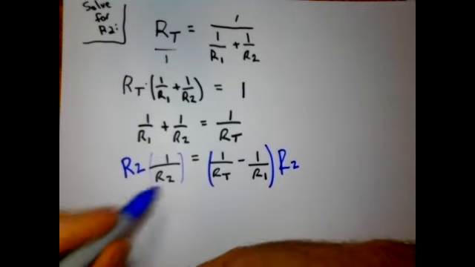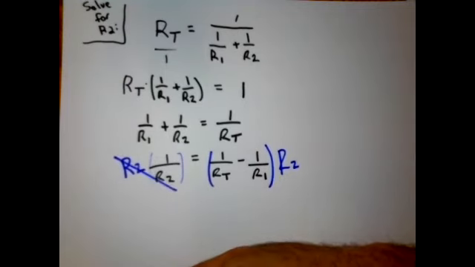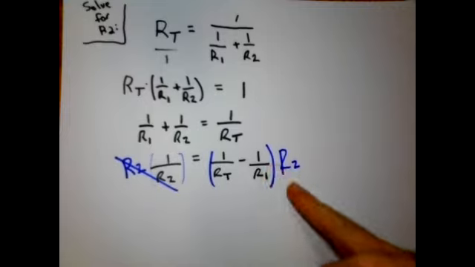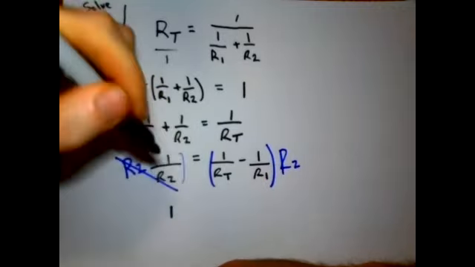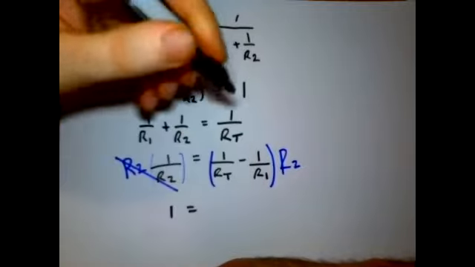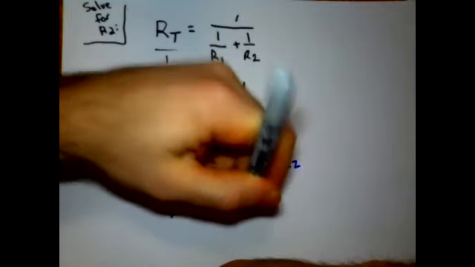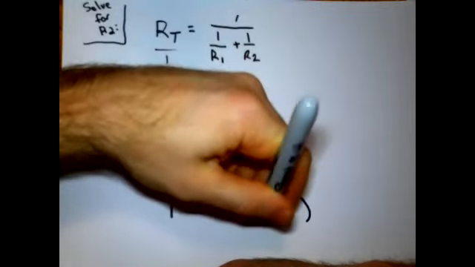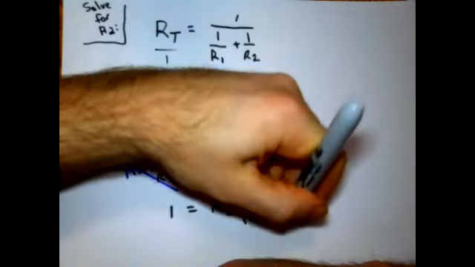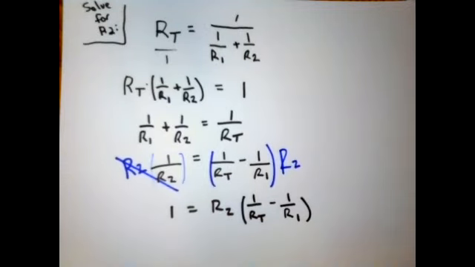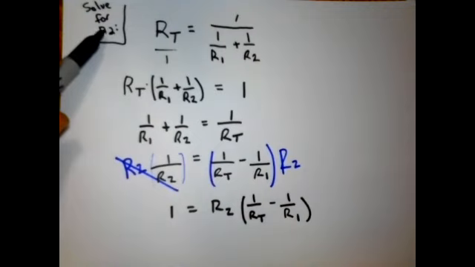Okay, so these do that. On this side, let's write it again now to clean it up. That's 1 equals R2 times 1 over RT minus 1 over R1. Remember, we're solving for R2.